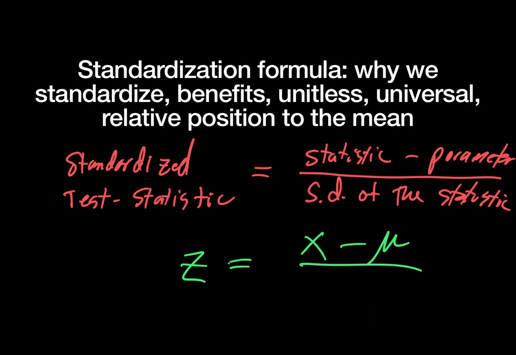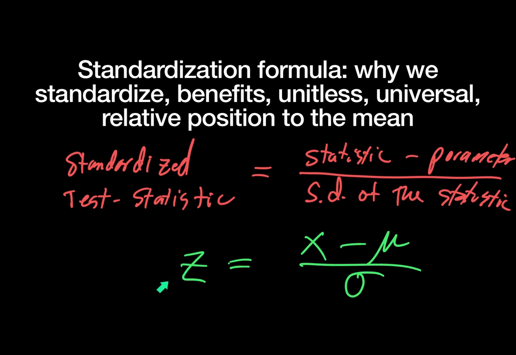And the parameter I'm wondering about is the mean. I'm going to compare a data value to the mean. I could actually do something with the standard deviation, but again, that's going to be outside of the scope of this class. And then standard deviation of the statistic is sigma. So that's why I said, here's the equation, but this is the more generalized view of it. This is how we're starting out to use it.